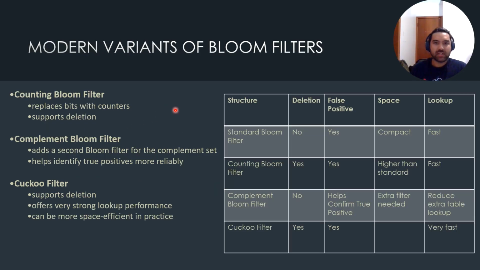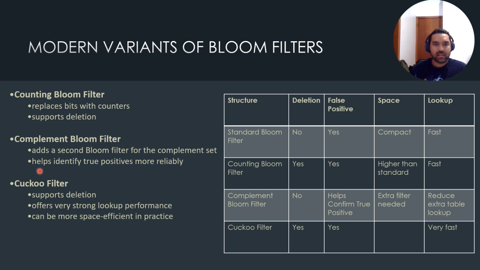Because of these limitations of the standard Bloom filter, several variants were developed to improve its practical use. One important variant is the counting Bloom filter. Instead of storing just bits, it stores small counters. This allows deletion because we can decrement counters instead of simply clearing bits. Another variant is the complement Bloom filter.